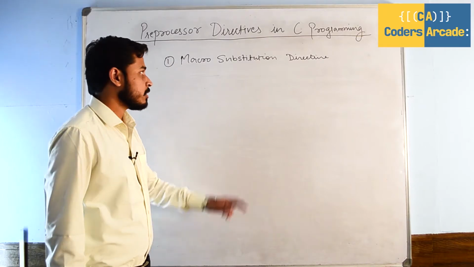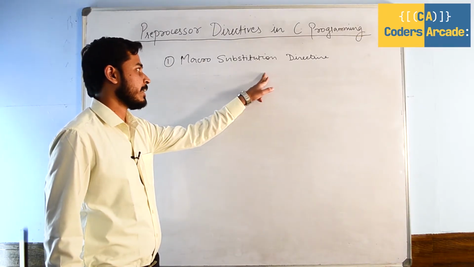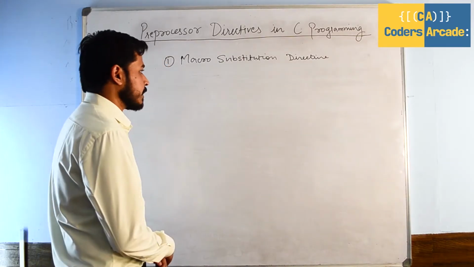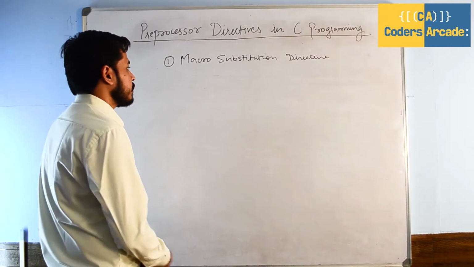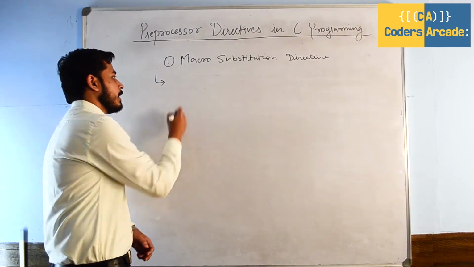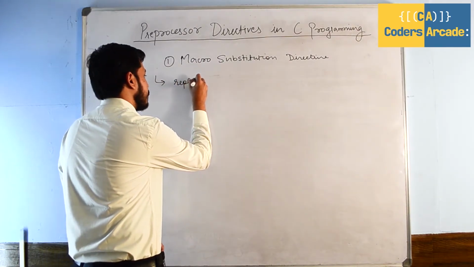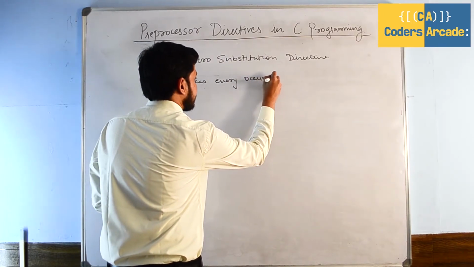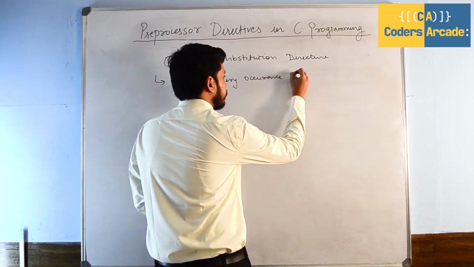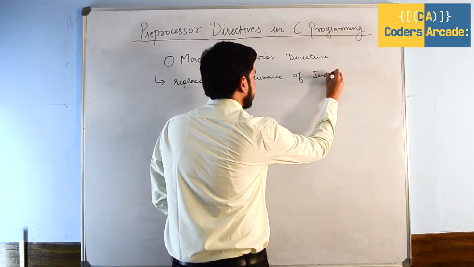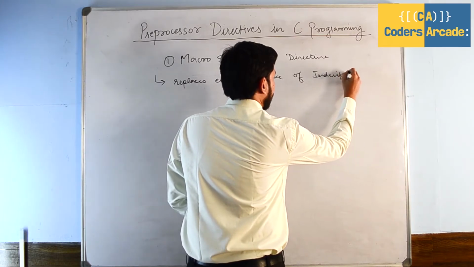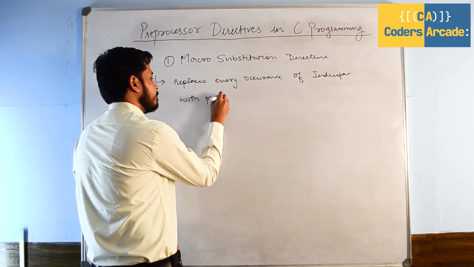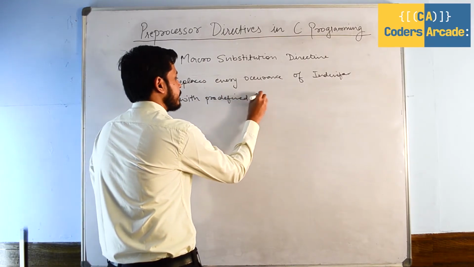So let us talk about the first type of preprocessor directive, which is the macro substitution directive. So what does this directive do? The macro substitution directive replaces every occurrence of an identifier with a predefined string.